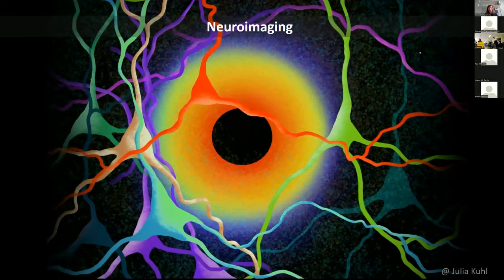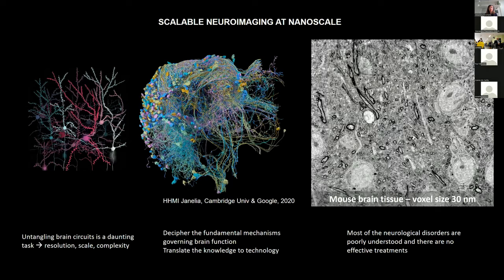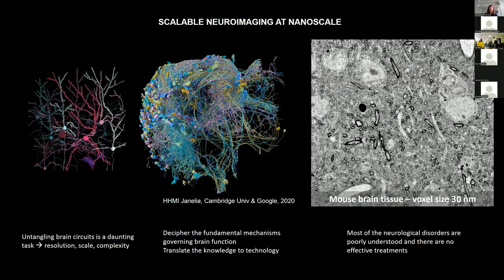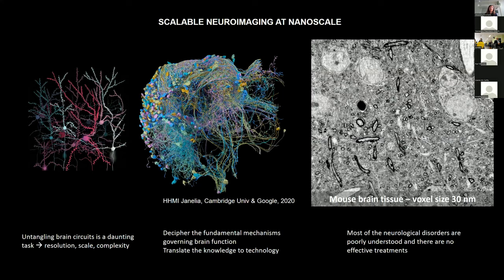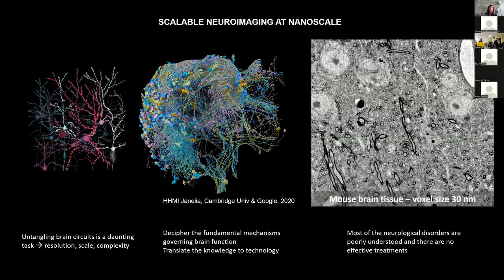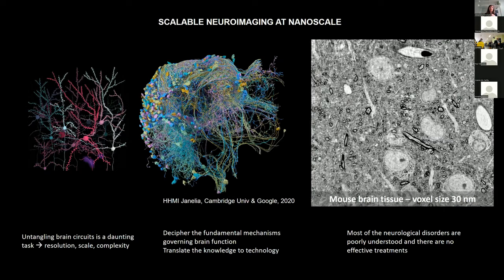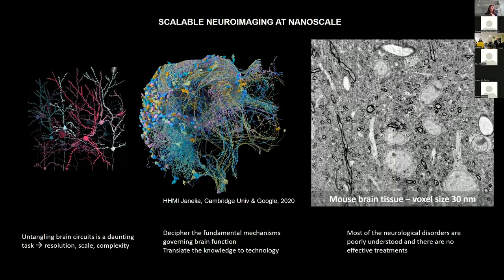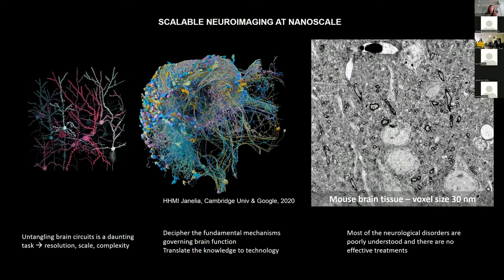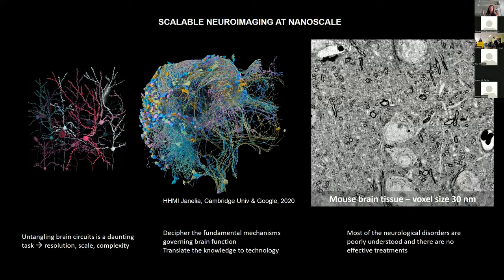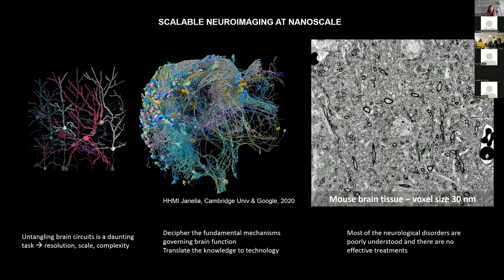And now I'll talk a little bit more about neuroimaging. In this field, X-ray nanotomography can have a really large impact, notably because we are trying to reach both resolution and the scale where we can look comprehensively at the neuronal circuits, that is, to see all the neurons and the connections between them in full brains, or in volumes which are large enough to be somehow independent.